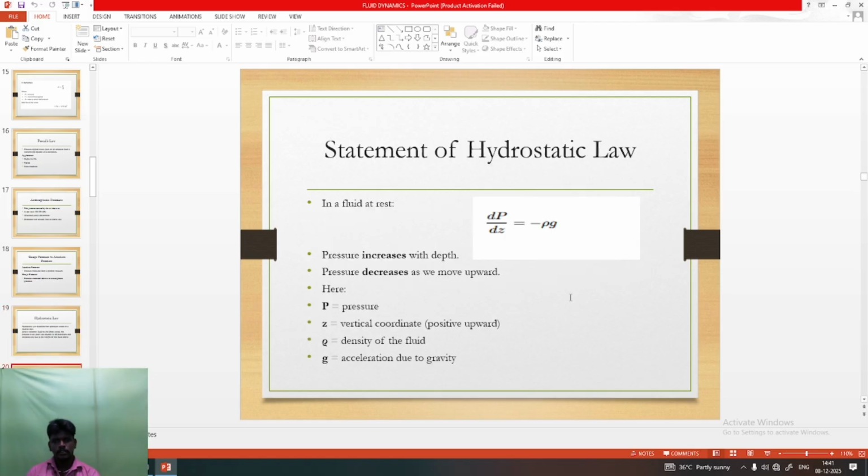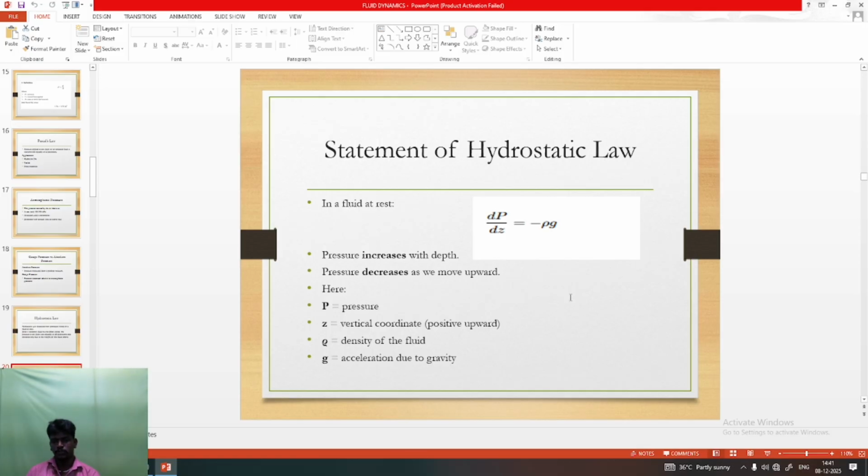Okay. The next statement of hydrostatic law: dP/dz = -ρg, where the pressure increases with depth. Pressure decreases as we move upward.